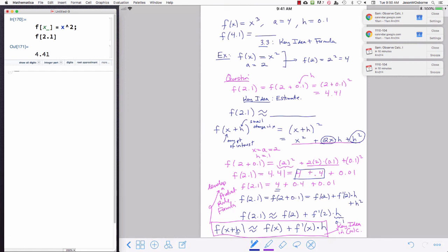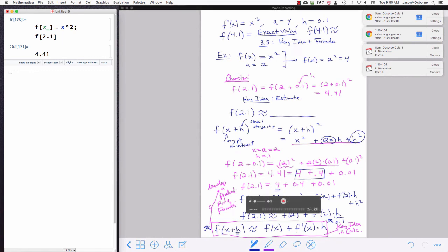The exact value, right? And then can you do the function evaluated at 4.1 approximately using the formula given below here?